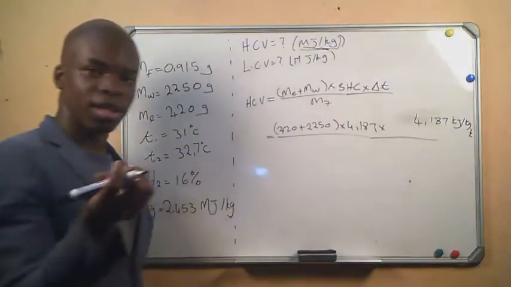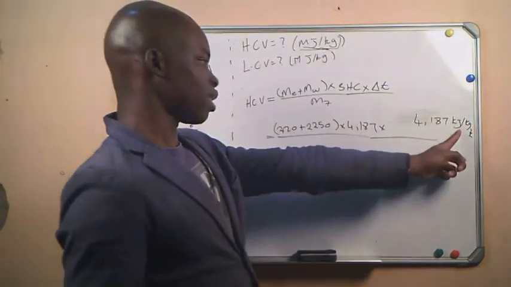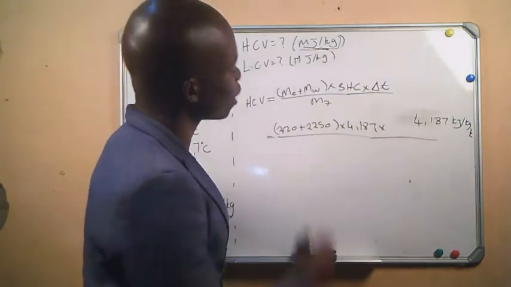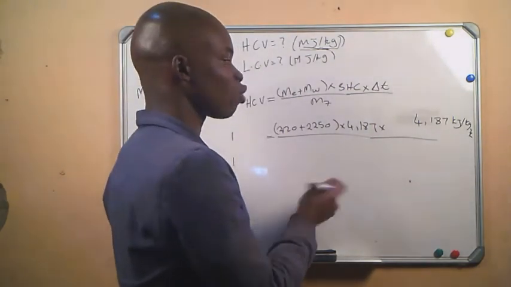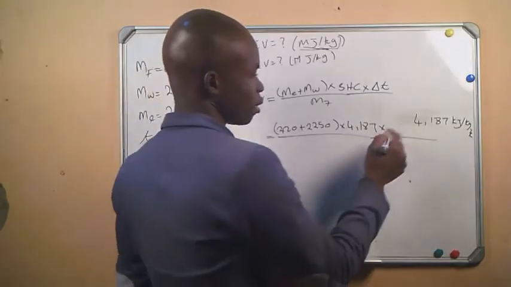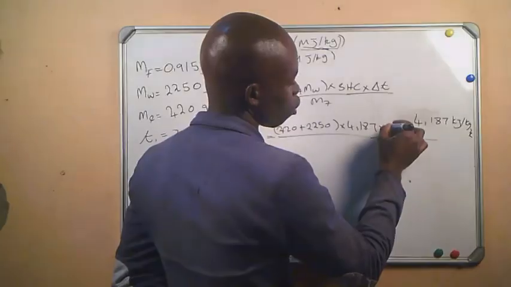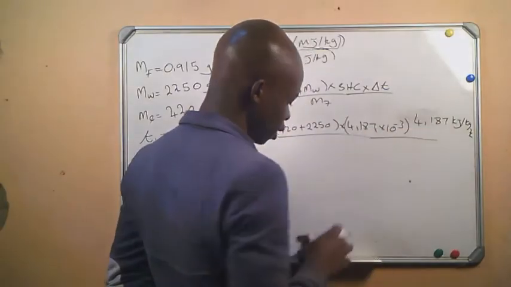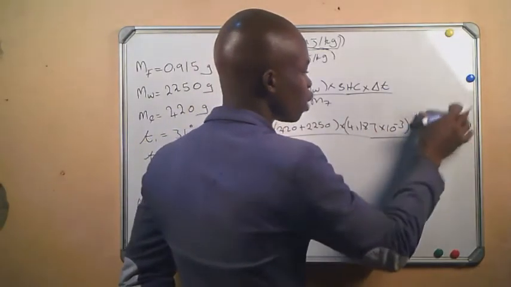And to make things easier, we can convert this to megajoules so that there will be no need for us to convert after calculating. So we will convert the specific heat capacity from kilojoules to megajoules.